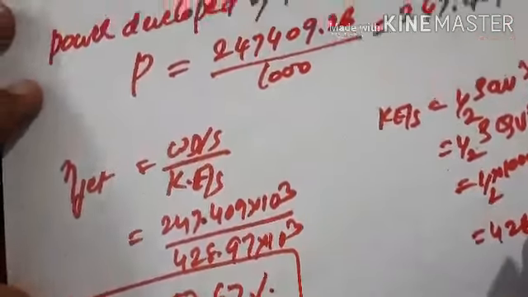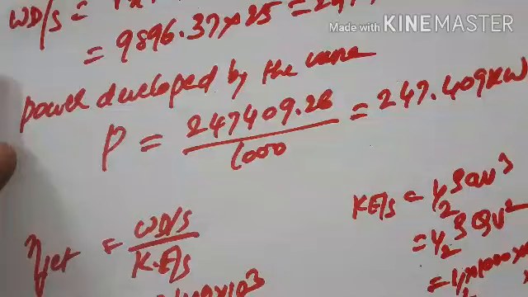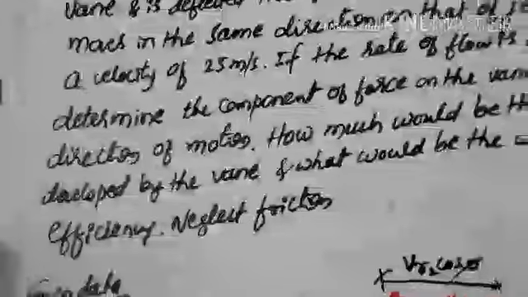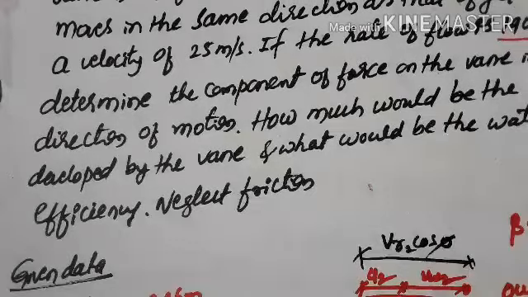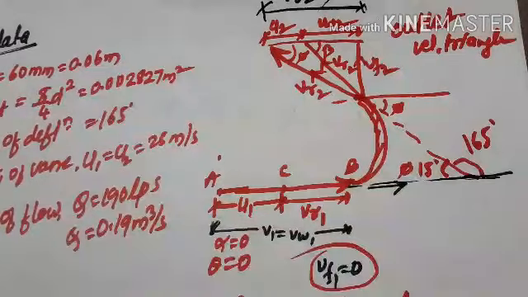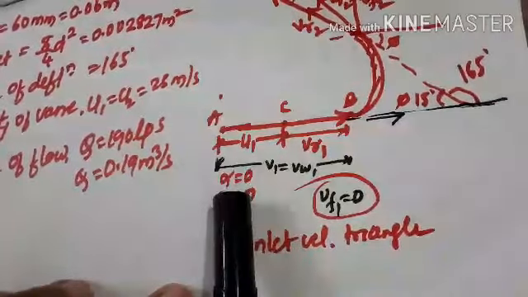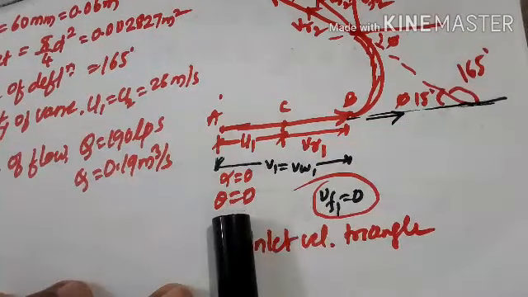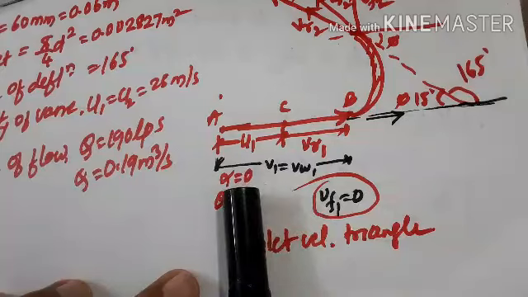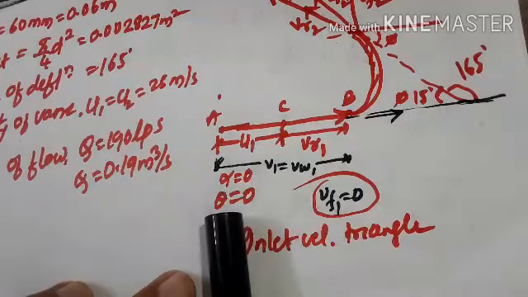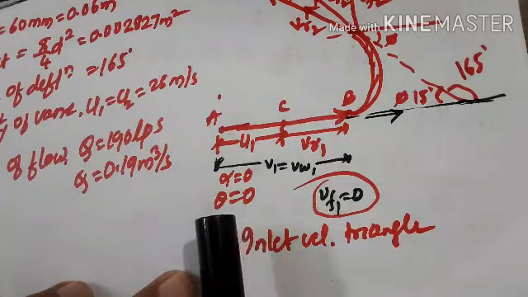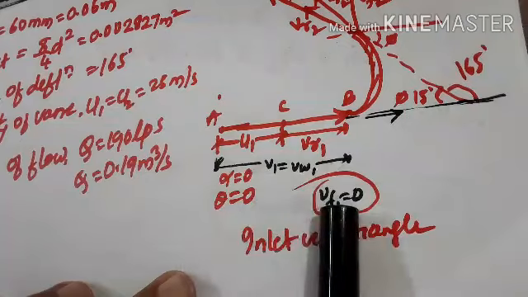Okay, I hope you understood here. So in this problem, the important thing is, when the entry angle, that is the jet entering the vane passage, is not given, you have to consider it as 0. Alpha equal to 0 and theta equal to 0. Alpha is the nozzle angle, and theta is the angle made by relative velocity with horizontal.